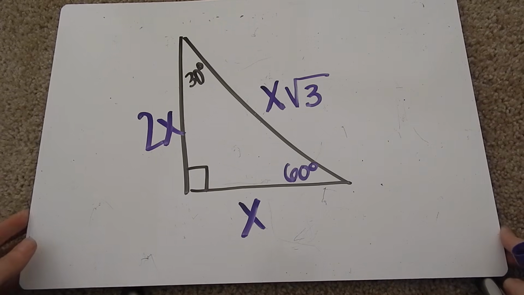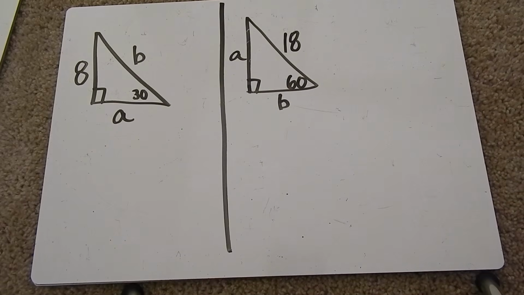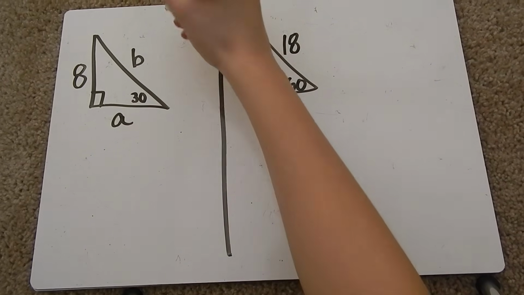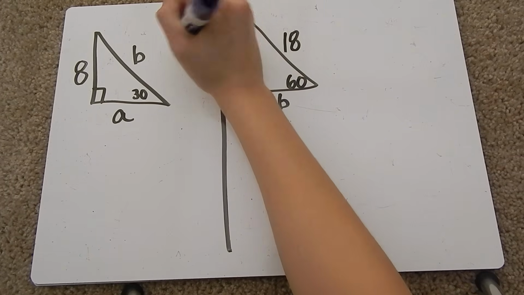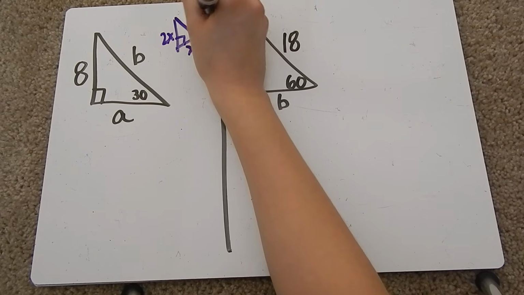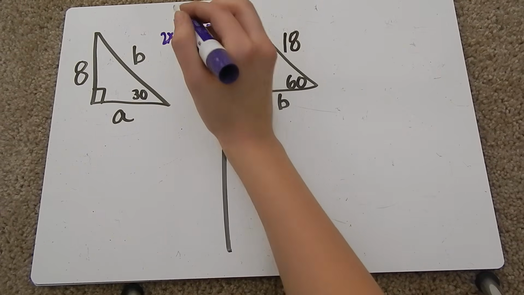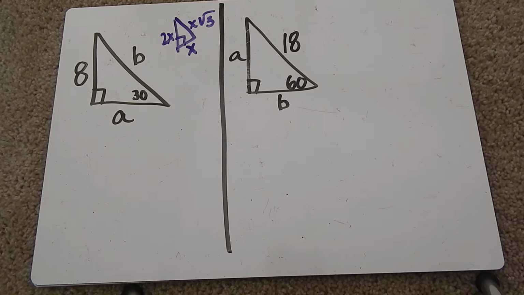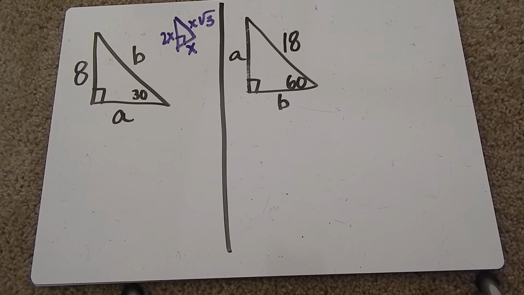So let's use this pattern to do some examples. In our left example here, let me just rewrite my pattern. I have x, 2x, x square root of 3. Remember, the x is always across from the 30-degree angle. So let me label my sides according to this pattern.